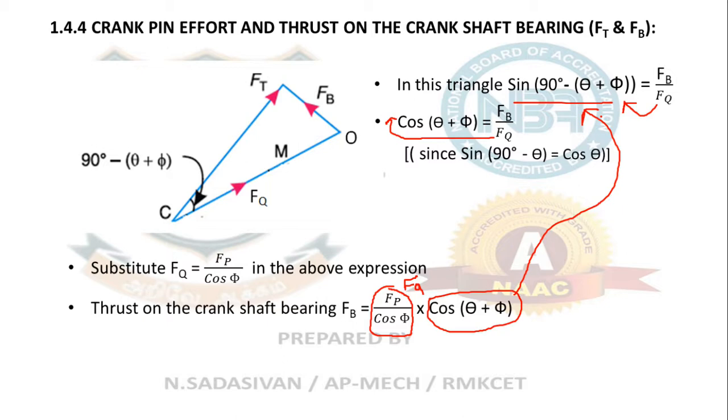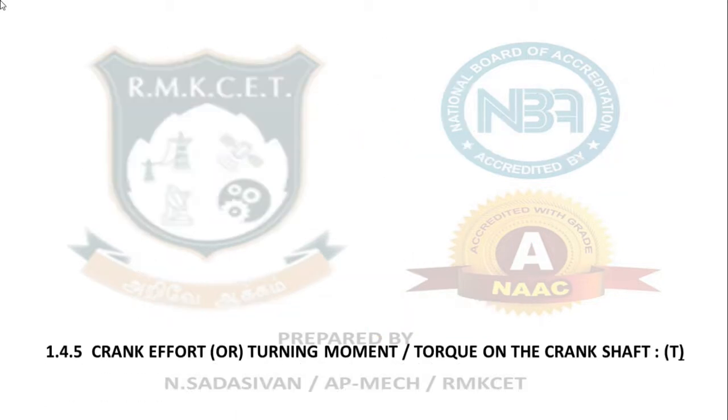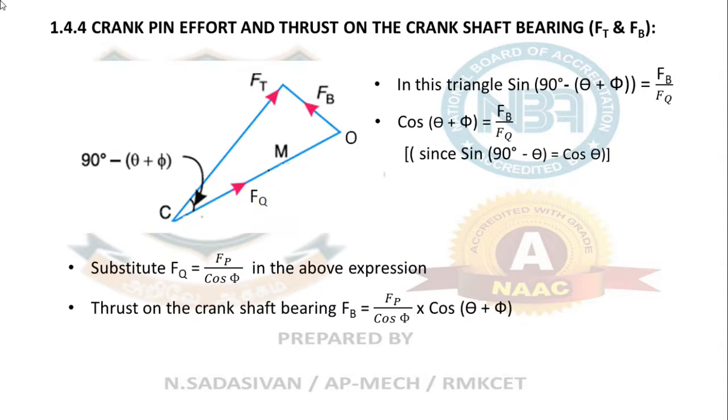This entire thing I am calling theta: sin 90 minus this entire angle equals cos of this entire angle. That's how I have written cos here. Similarly, instead of Fq, which I have cross multiplied here, I have put Fp by cos phi into cos theta plus phi. So that is the formula for Fb. Let's note this down as the expression for Fb.